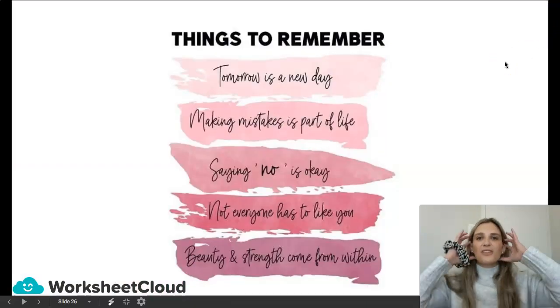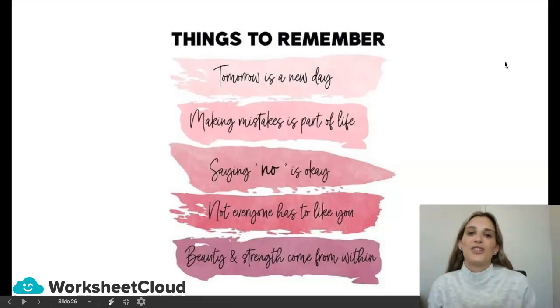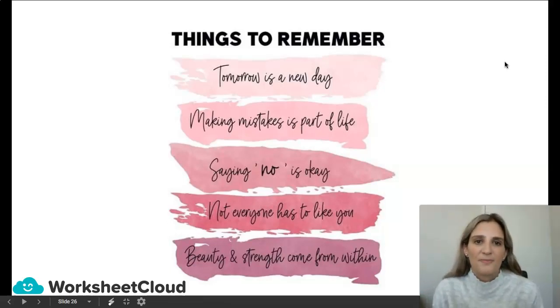Things to remember. So we always have motivation at the end, and I think this is very apt. I love this. Tomorrow is a new day, because just like today, I made a mistake, whoops, but tomorrow is a new day. I'll be better at my lessons, or I'll be in a better mood. I won't be so tired or grumpy.